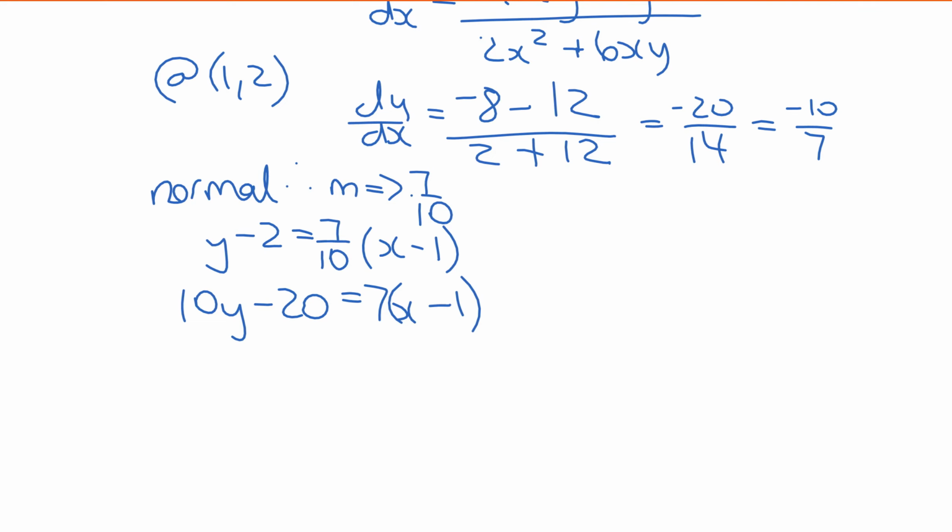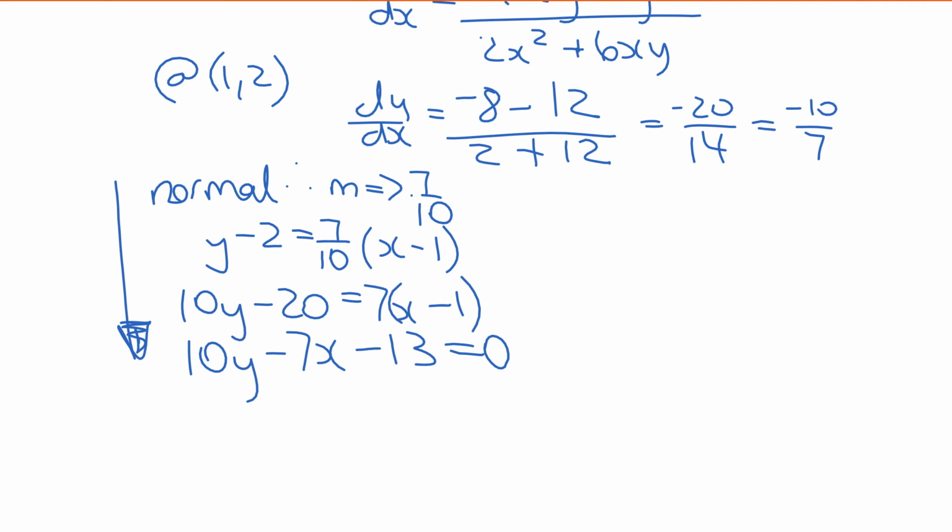Then collect everything on the one side. That's minus 7, put on the other side it becomes a plus 7. There's my answer.